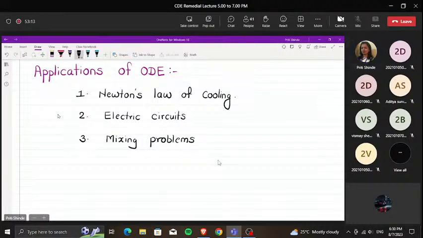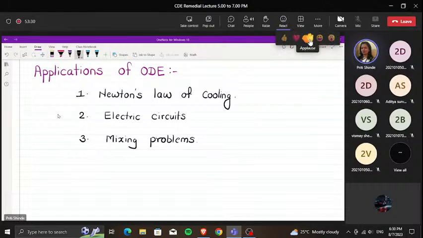You have to revise only these three applications. No need to cover rectilinear motion, orthogonal trajectories, or heat flow. Out of six, we have included only these three applications, so revise these three properly.